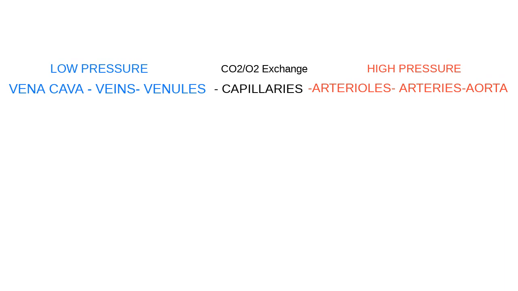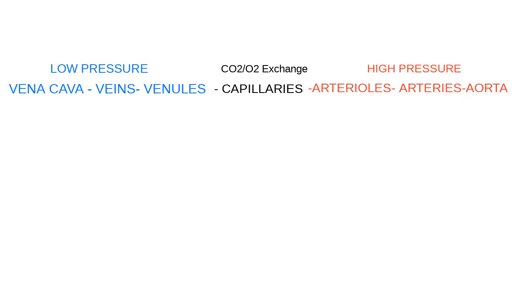While you were on break, I utilized the whiteboard to do up a little layout of the blood vessels. So you have the vena cava, veins, venules, capillaries, arterioles, arteries, and aorta.